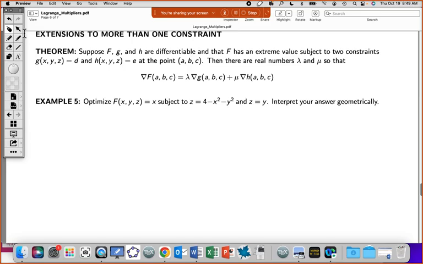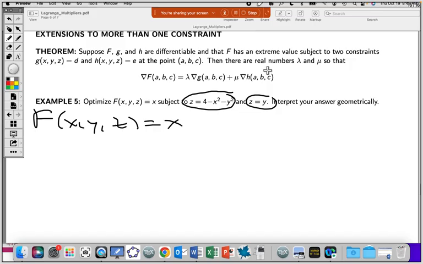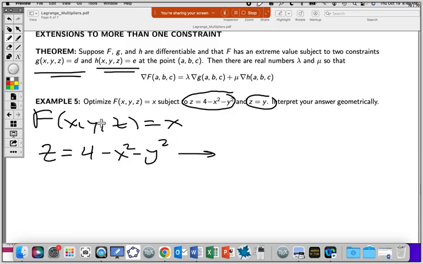So here's what we got to do. First off, we've got our objective function f. They just told us what it is. In order to identify the g and the h, we need to get all the letters on one side equal to a constant. So we've got z is 4 minus x squared minus y squared. I put all the letters together, I get this.